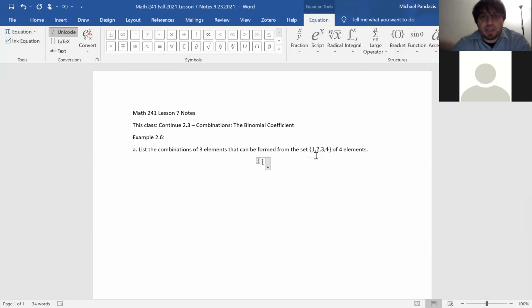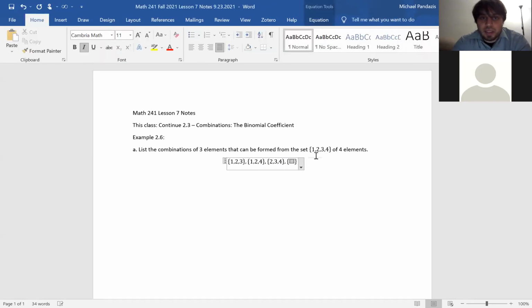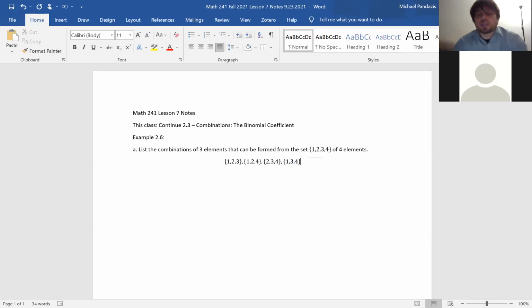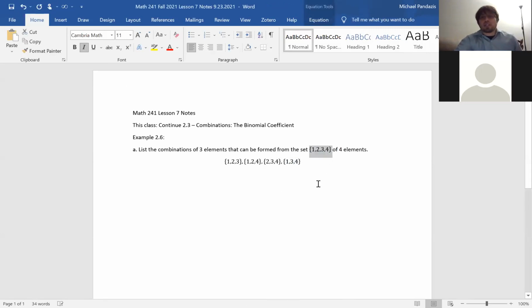A combination of 3 elements is just choosing any 3 elements in that set and putting them into a set. So 1, 2, 3; 1, 2, 4; 2, 3, 4; and 1, 3, 4 is another one. So these are all 4 ways to choose 3 of the elements in this set. The notation is parentheses around. Order does not matter.